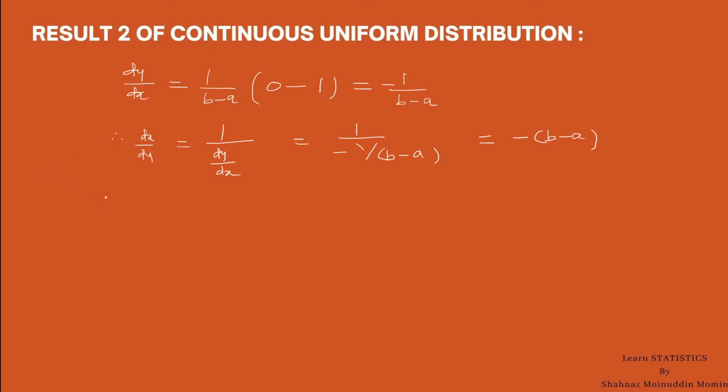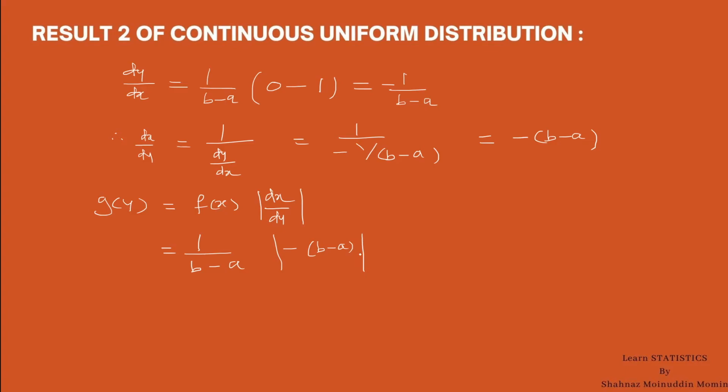Hence the PDF of Y becomes g_Y equal to, let me write the formula first, f_X into mod dx by dy. Substitute the values. Here f_X is the PDF of a random variable X, which is continuous uniform over a to b, and it is 1 by b minus a, and this dx by dy is minus (b minus a) in absolute value.